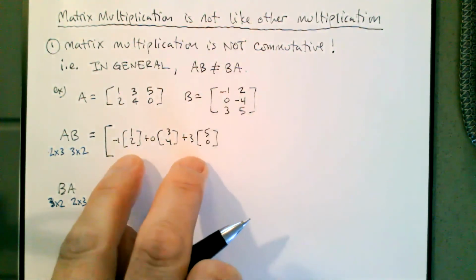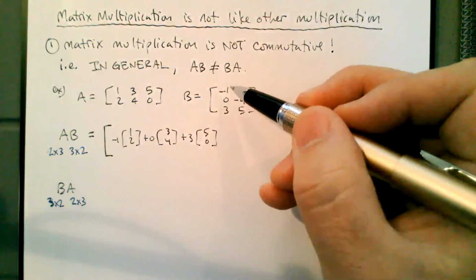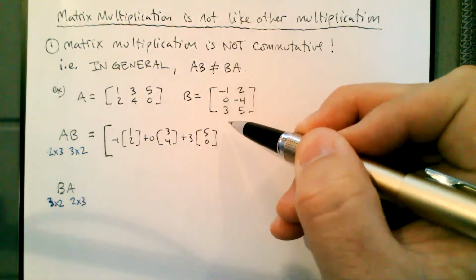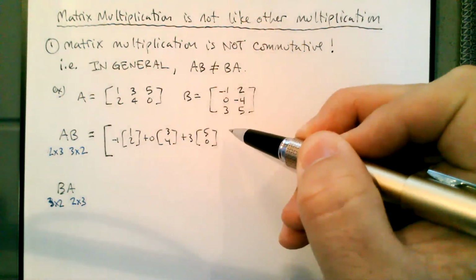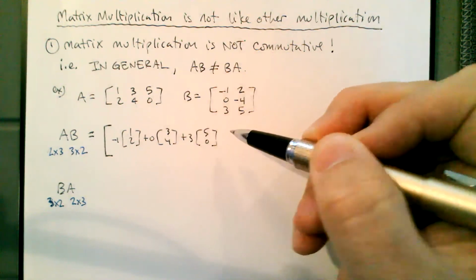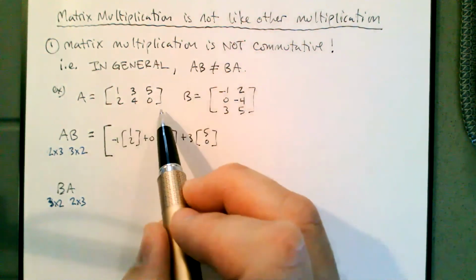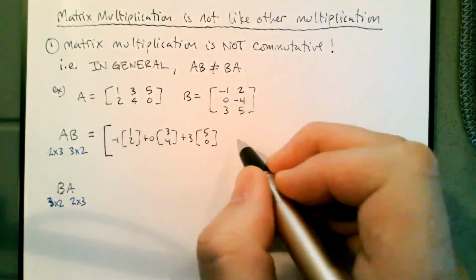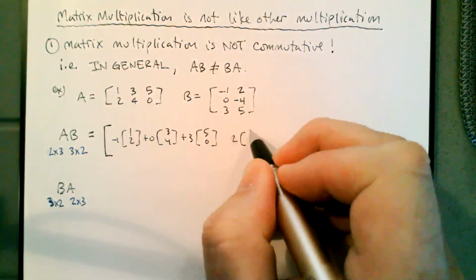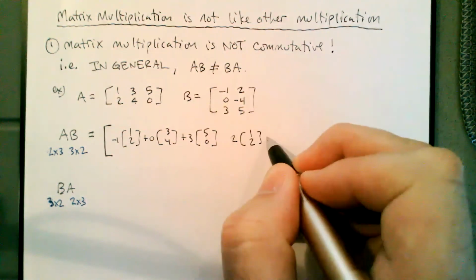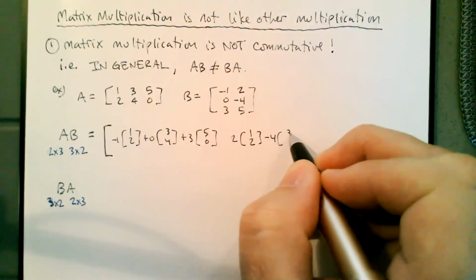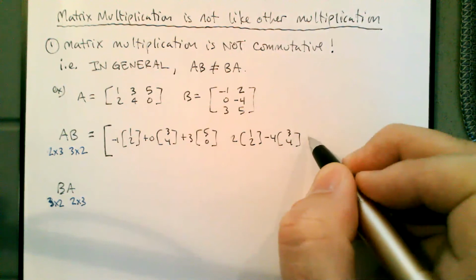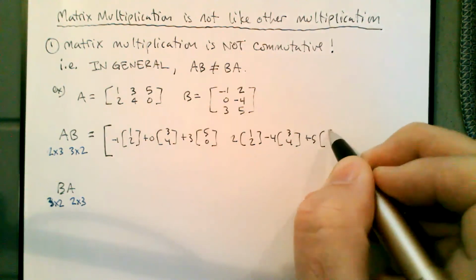Linear combination of the columns of A using the entries in B1 as weights. The second column of AB will be a linear combination of the columns of A using the entries in B2 as weights. So 2 times 1, 2, minus 4 times 3, 4, plus 5 times 5, 0.